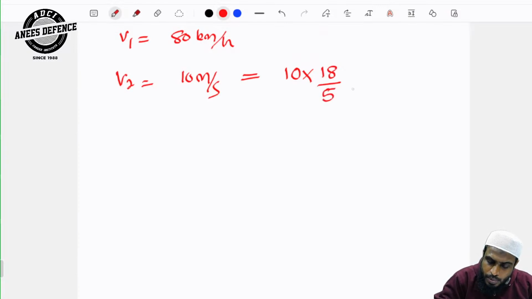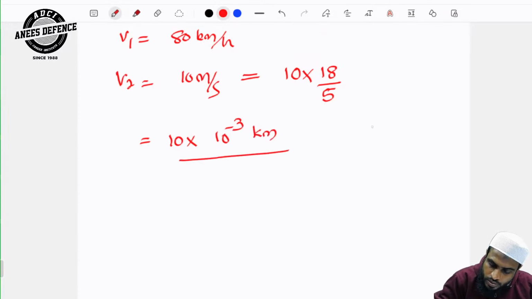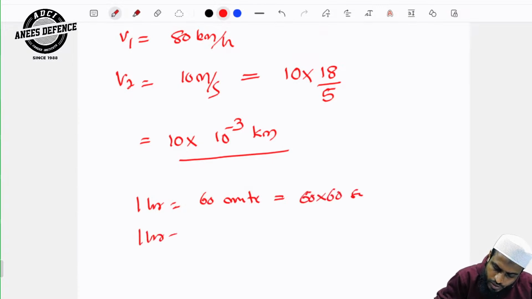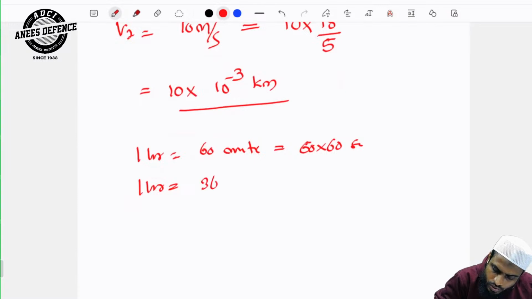So how did it come? 10 meter means 10 raised to minus 3 kilometer. Seconds means like this. 1 hour is equal to 60 minutes, equal to 60 into 60 seconds. So 1 hour is equal to 3600 seconds.